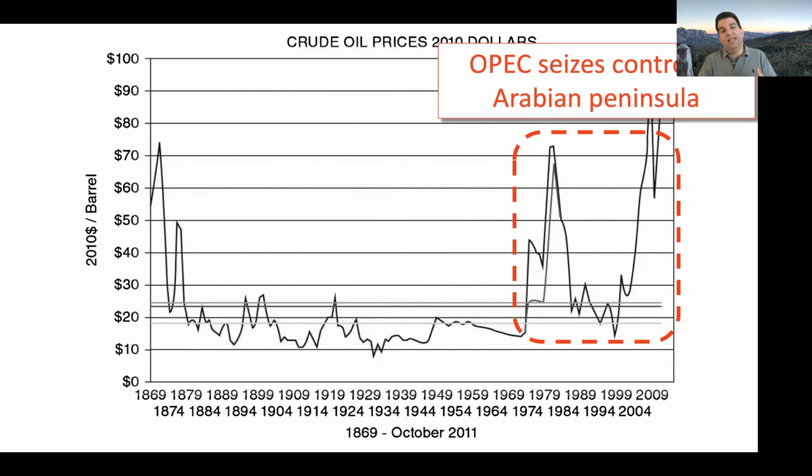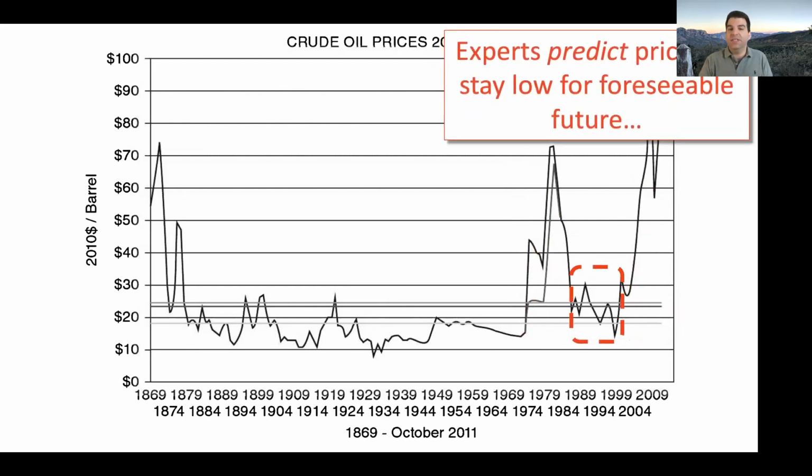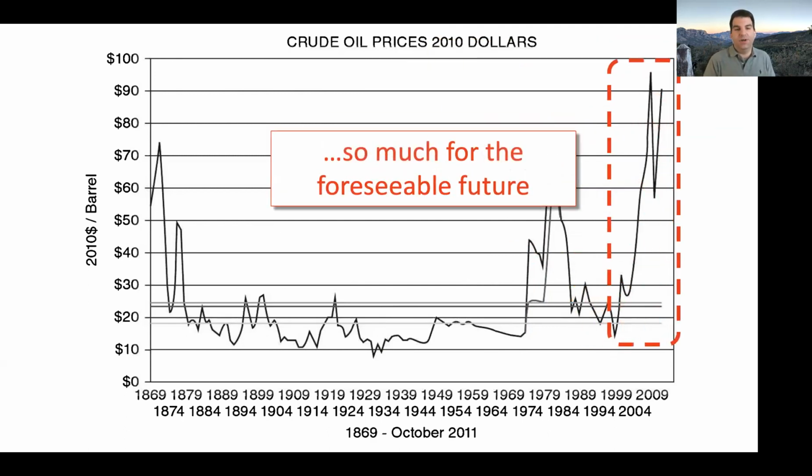And even within that OPEC period, you see periods where you get high volatility and periods where you get low volatility. And during those periods, without the model, there were experts purely using statistical models that had no dynamics in them. Those statistical models predicted price would stay low for the foreseeable future. And of course, then the foreseeable future happened and they didn't stay low.